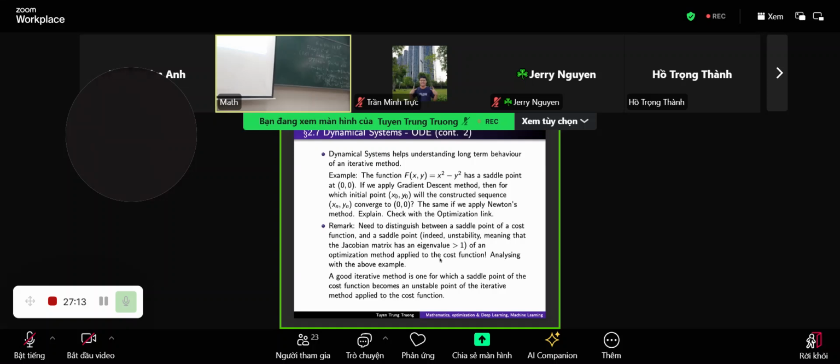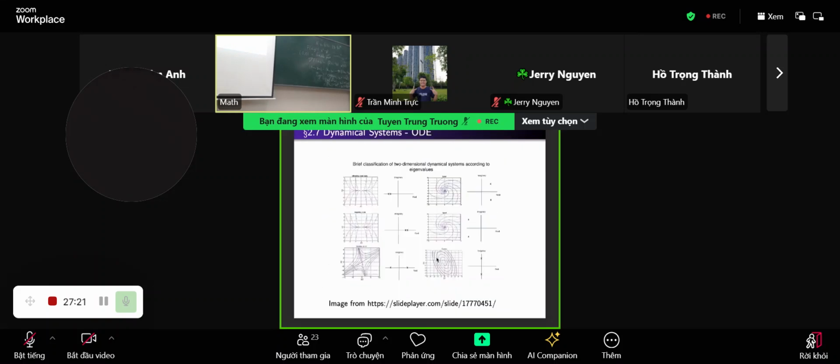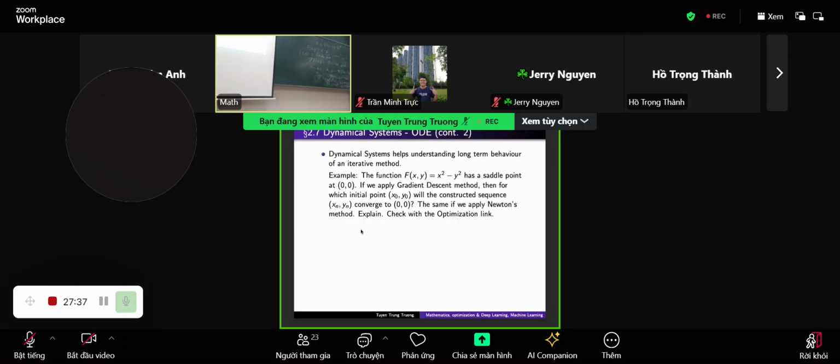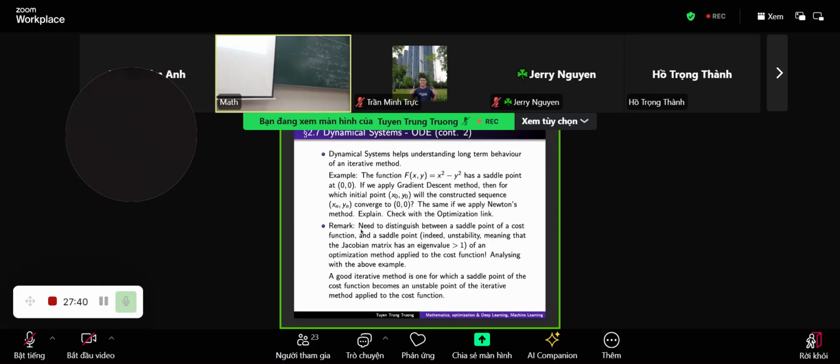So for most of the points, it will go away from this, like the second picture that you saw here, where almost everything will go away from this, except maybe on some small line or lines, where it may go inside it. So this is what we want if we apply some method to find it.